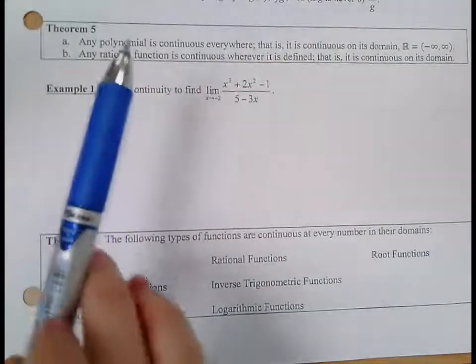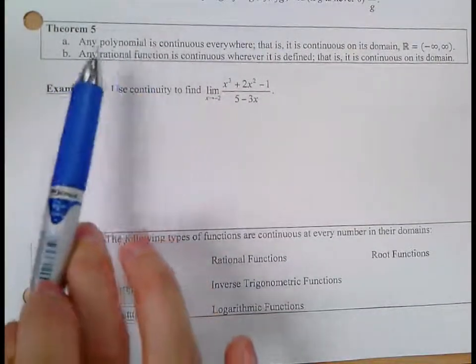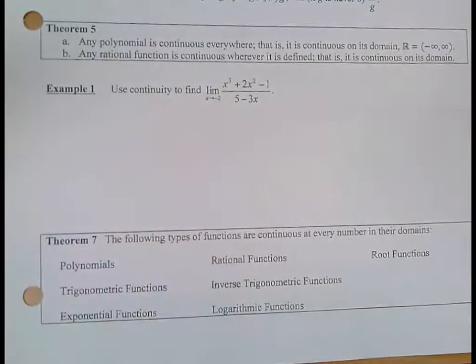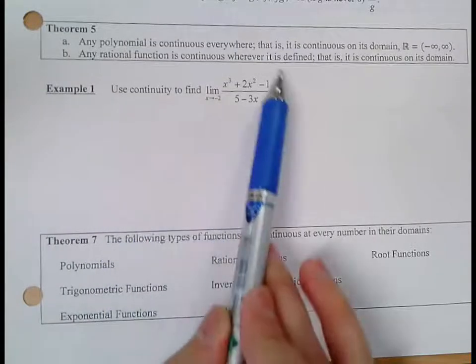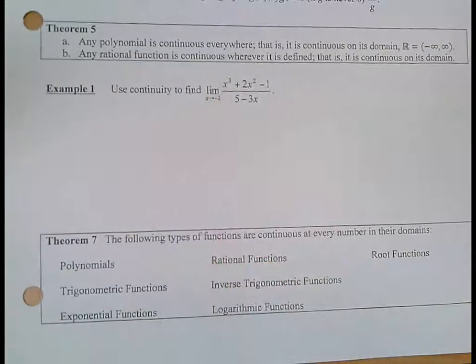All right, so we have, just with this Theorem 5, polynomials and rational functions are continuous on their domains. So example 1 says to use continuity to find this limit. I just want to kind of show you how using continuity to find the limit is different than just finding the limit.